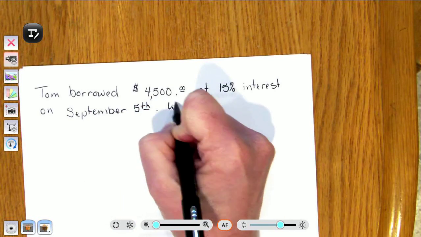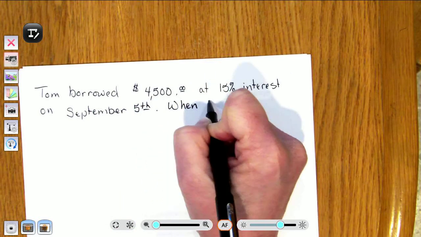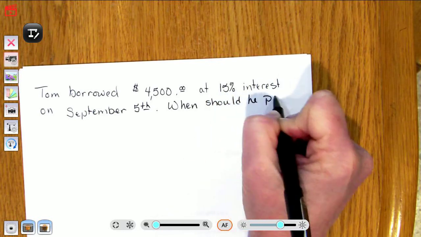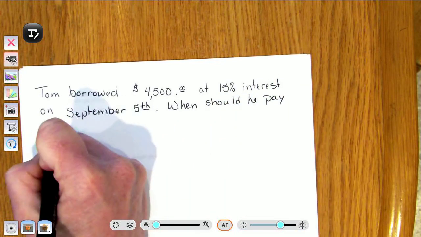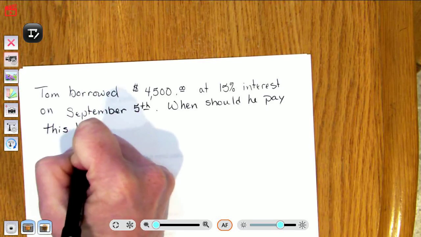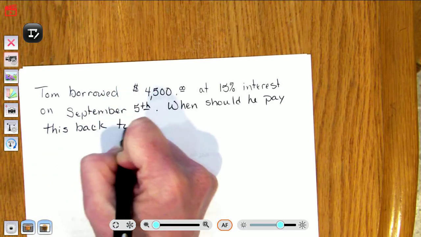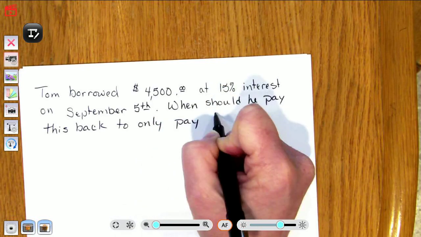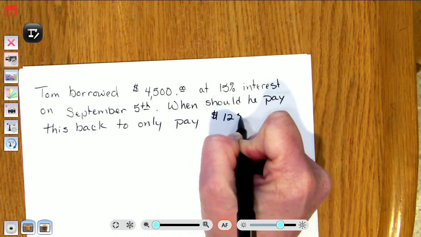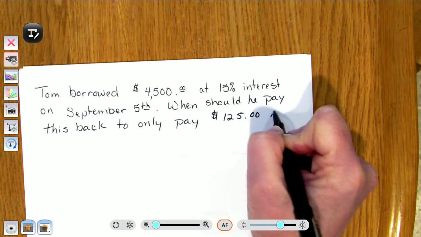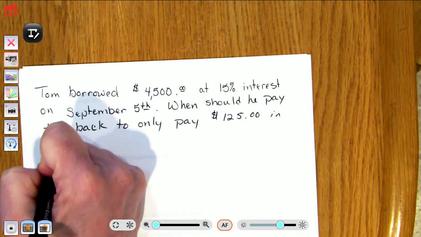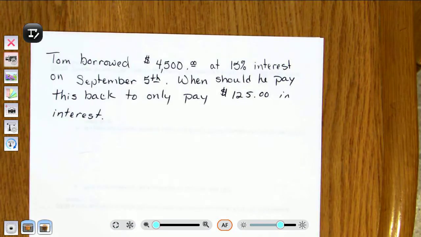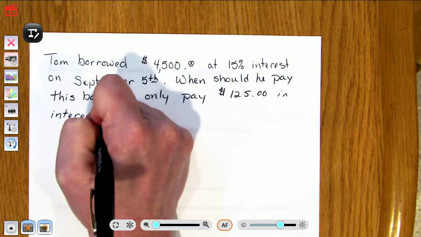And let's say we want to know when should he pay this back, if he only wants to pay $125 in interest. And that should be a question.